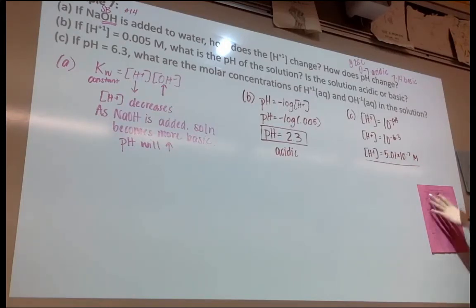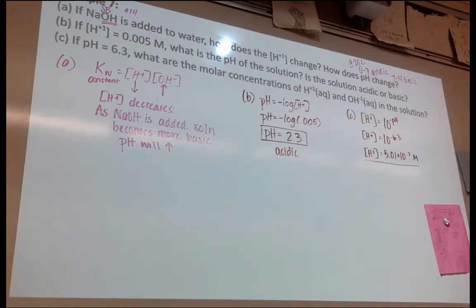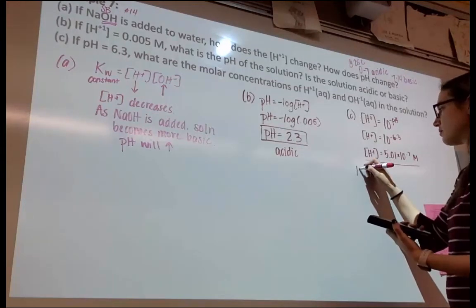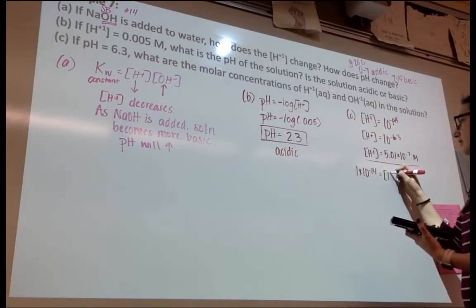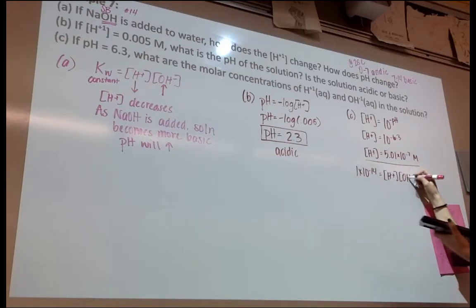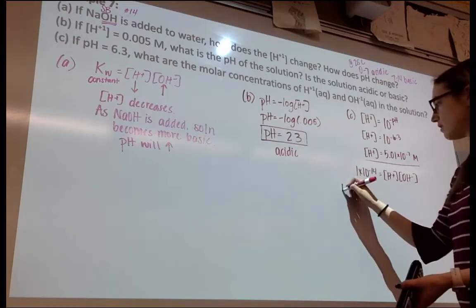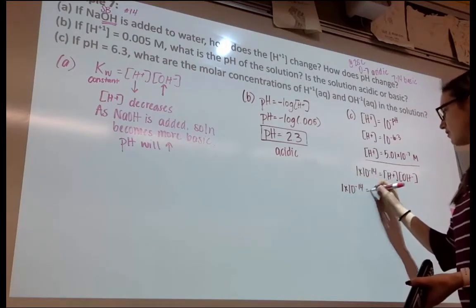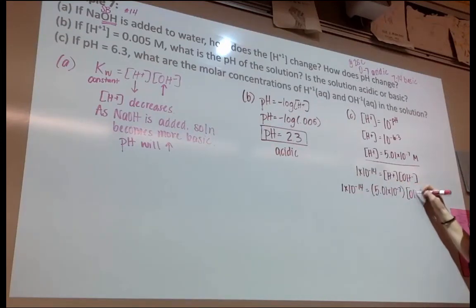Now that's H plus. It also wants OH minus. So for OH minus, we have H plus. We can find OH minus. All right, we assume 25 degrees Celsius. We know the relationship between the two. 1 times 10 to the negative 14 is H plus times OH minus. So we can plug in. 1 times 10 to the negative 14 is 5.01 times 10 to the negative 7th times OH minus.